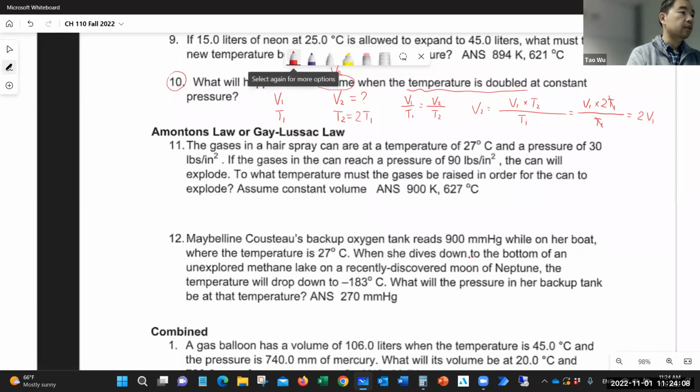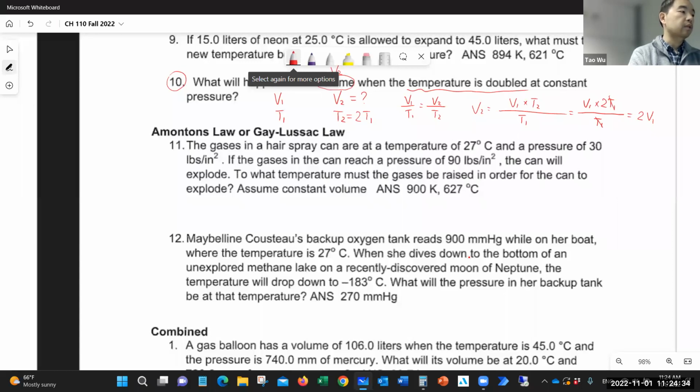So here it says the gas in a hairspray can is at a temperature of 27 Celsius and a pressure of 30 psi, pound per square inch. If the gas in the can reaches a pressure of 90 psi, the can will explode.